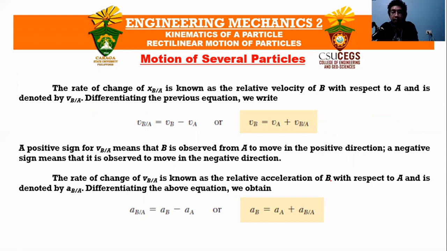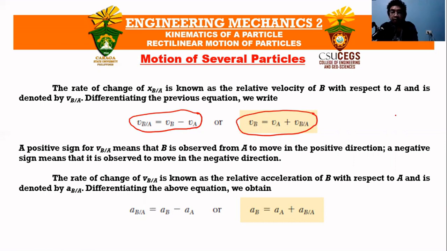And when we differentiate the previous equation, we write vB/A equals vB minus vA, or the velocity of particle B is equal to the velocity of A plus the relative velocity of B with respect to A. So a positive sign for vB/A means that B is observed from A to move in the positive direction, and a negative sign means that it is observed to move in the negative direction.